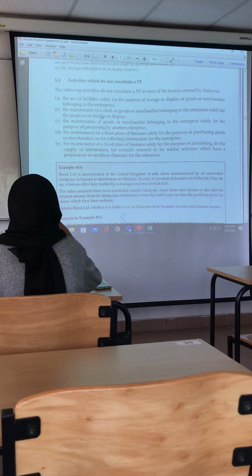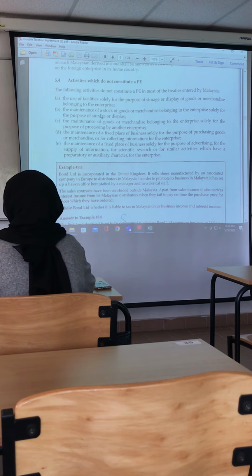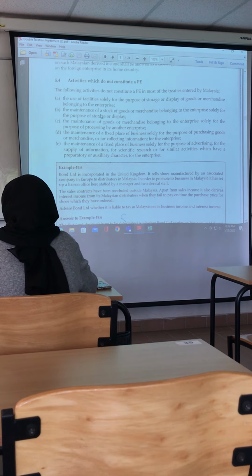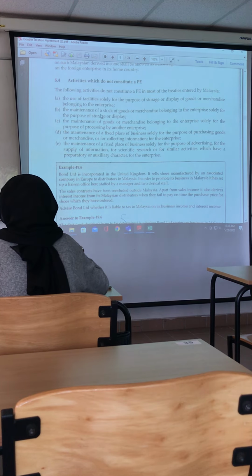So they can tell you a very long story. At the end of the day, can he conclude contract or not? Conclude contract means that you can take orders and then you finalize the contract. It's not that you only take orders and then you have to submit to the US and the US approves, then only give approval. But if you can approve the contract, it means that you have the PE in Malaysia.